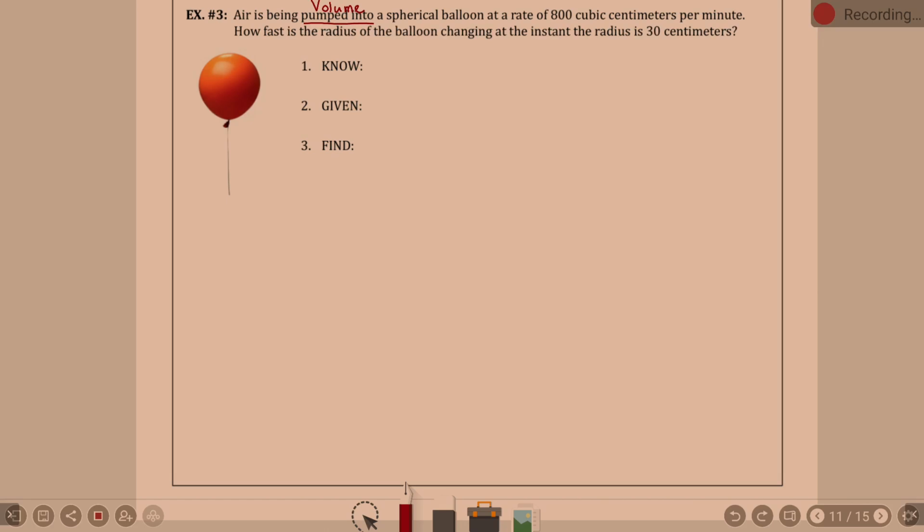Why was it dA dt last time? Because we were talking about the change in the area of the circle. So dV dt, the air being pumped in, is changing at a rate of 800 cubic centimeters per minute. Okay, good.